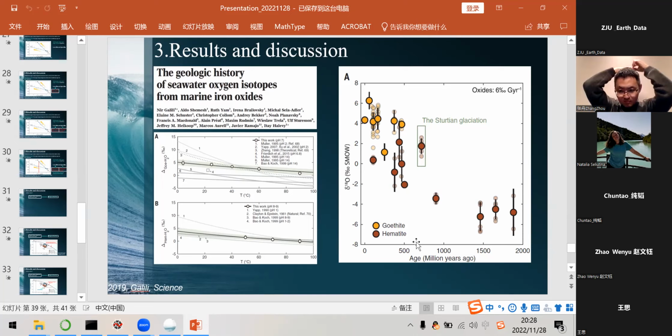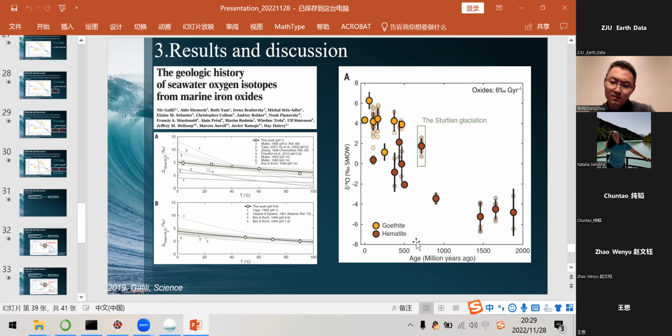If it's not influenced by the temperature, this increasing trend should be inherited from the ocean, or from equilibrium with the seawater.